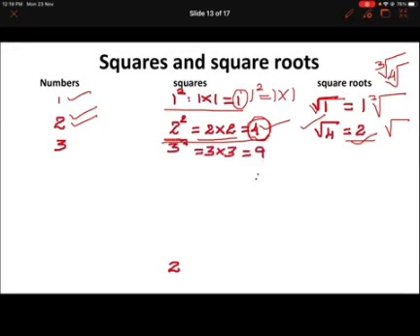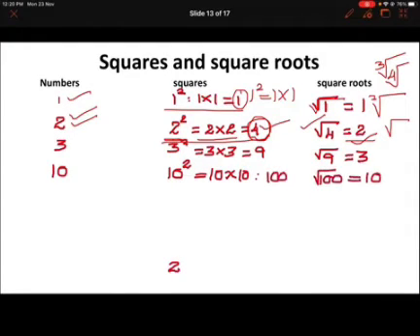Okay. Next one. Take number 3. 3 square is 3 into 3. That is 9. So what is the square root of this 9? Simple. It is 3. How do we write? Square root of 9 is 3. I have taken next number as 10. 10 square is 100. Square root of 100 is 10. I hope you are following, children.